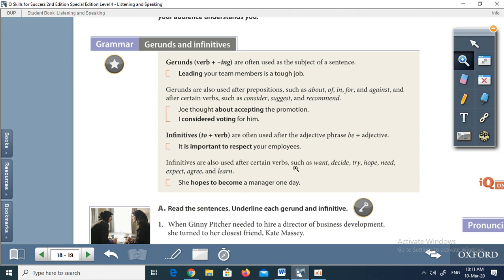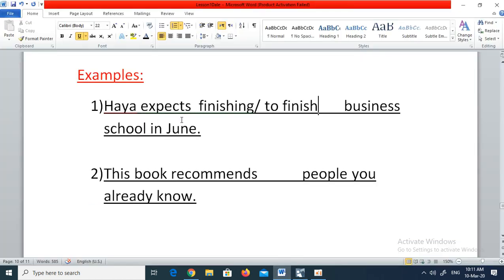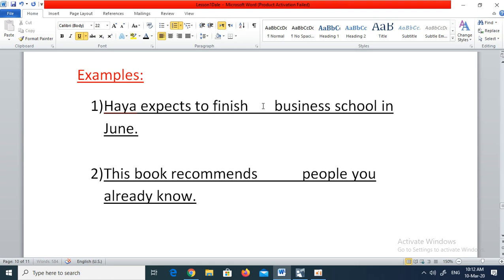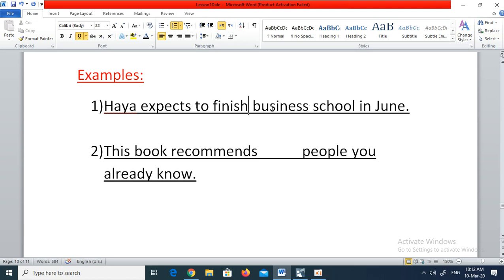Infinitives are also used after certain verbs, such as want, decide, try, hope, need, expect, agree, and learn. So if the infinitive is used after expect, and our main verb in the example here is expects, Haya expects, then our answer has to be the infinitive to finish. It cannot be the gerund finishing.